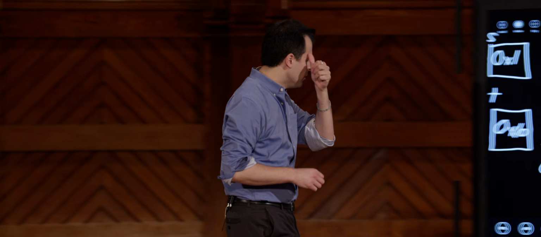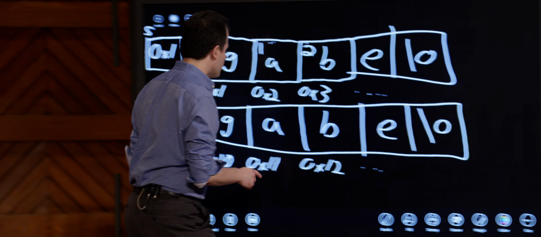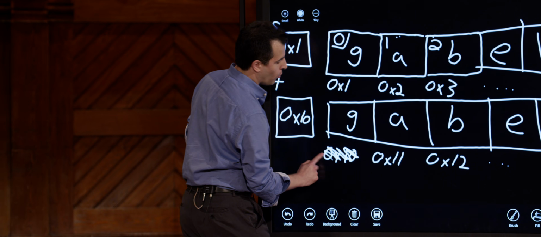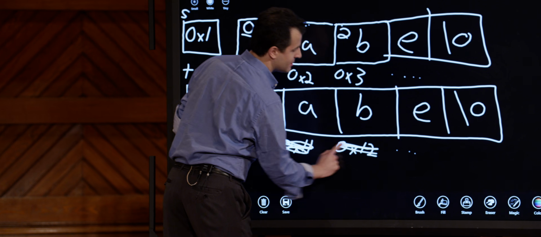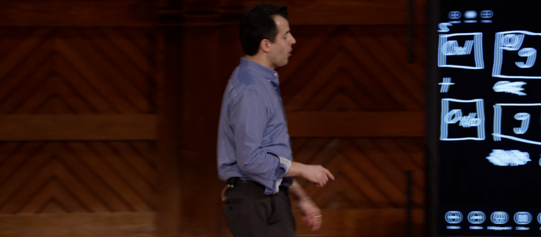Now, frankly, I keep drawing all of these numbers, but the reality is I've been making these up the whole time. And so let me just go ahead and scribble these out to make a point that at the end of the day, and moving forward, we're not really going to care about what addresses things are actually in memory.